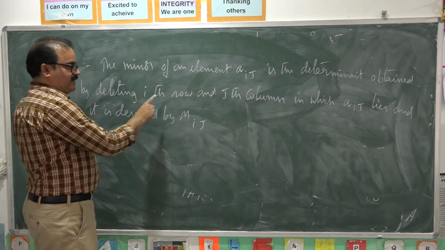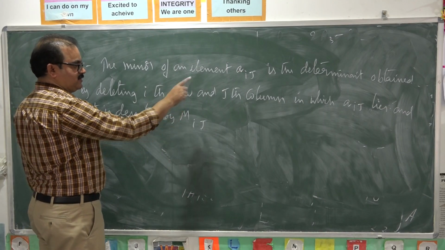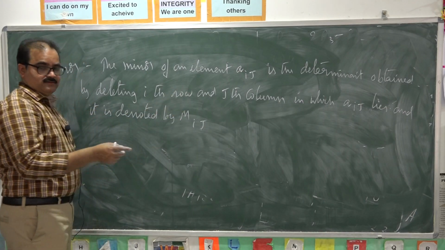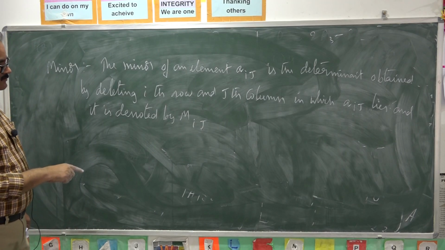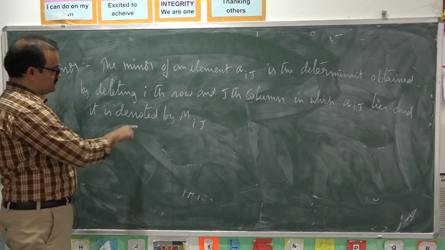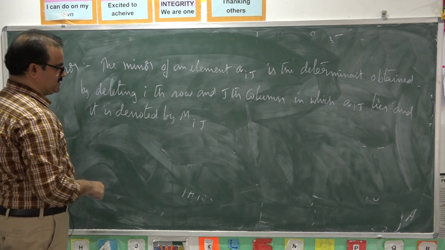If you delete the ith row and jth column of the element Aij, the determinant of the remaining matrix is the minor of that element Aij.